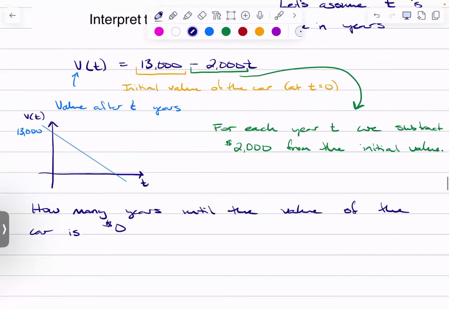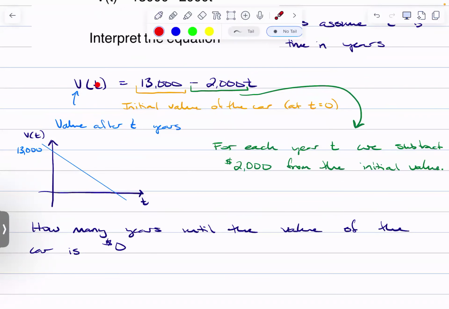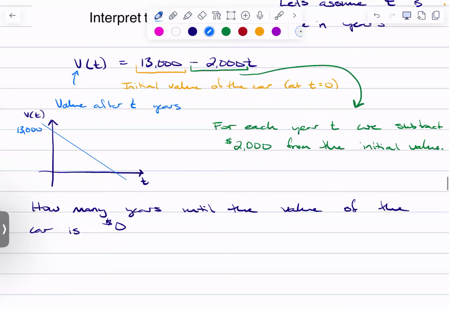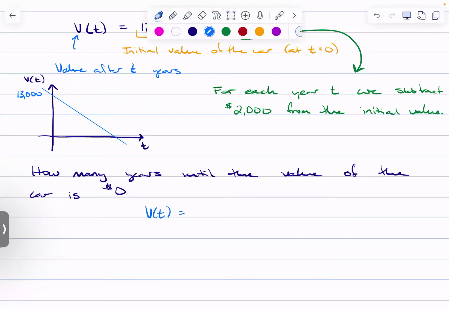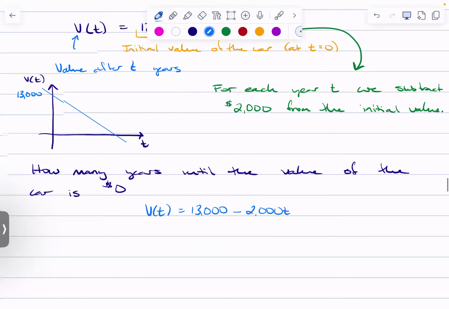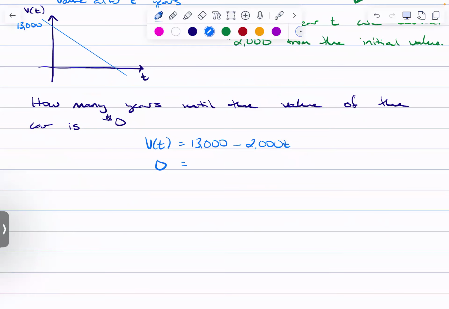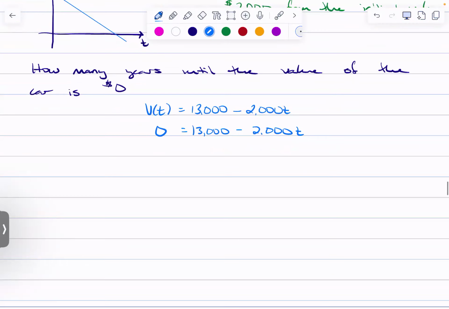Okay. I have my value function, and I want to solve for the t that makes this value 0. We can do that. V of t is 13,000 minus 2,000 t, forcing the value to be 0 and solving for t. I get negative 13,000 is negative 2,000 t.